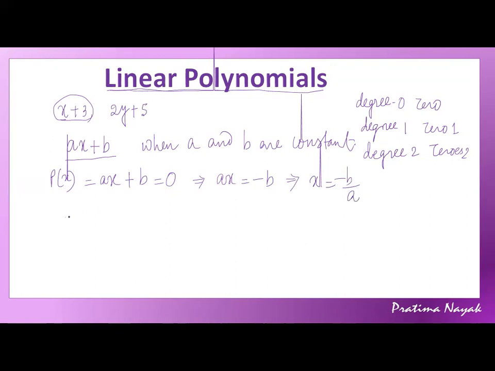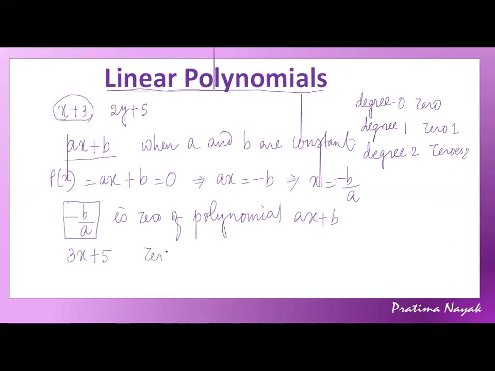So x equal to minus b by a is the zero of the polynomial ax plus b. Now let us take an example. Suppose I write 3x plus 5. What is the zero of this polynomial? So its zero is minus 5 by 3.